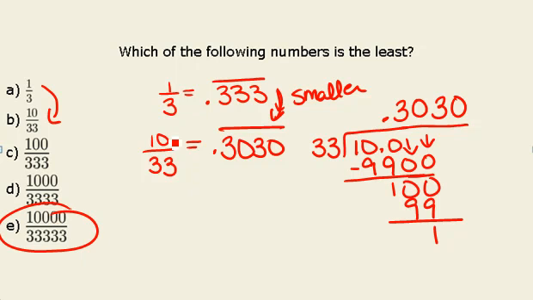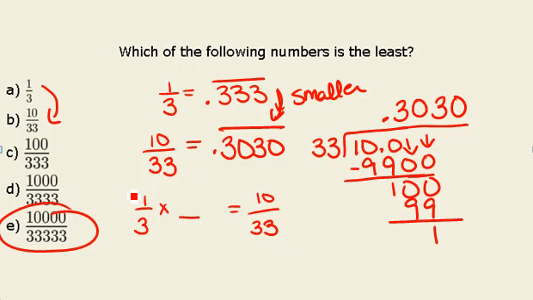Another way I can see that it's decreasing is because if I took 1/3, I would want to know what I would have to multiply it by in order to get 10/33. If I multiply my fraction by a number bigger than 1, then 10/33 would be greater than what I started with.